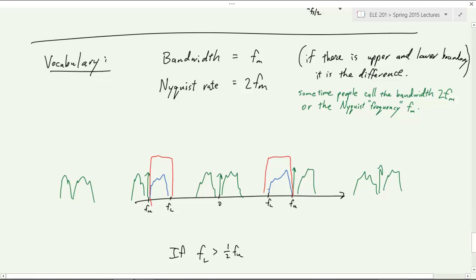And I'm not just saying you can't do it because you have to do a different reconstruction. Of course, whenever you do something other than just an upper bound on the spectrum, you have to do something other than sinc interpolation to reconstruct. But there may be no good reconstruction, because it depends on what's going to happen with the aliasing, and whether the copies line up and hit each other or not. So this is a lower bound, but you can't just naively assume you can achieve it every time.